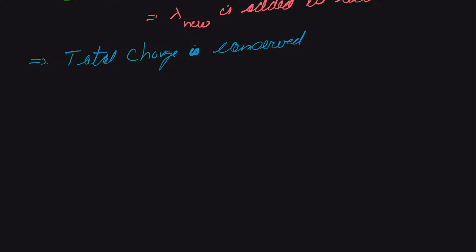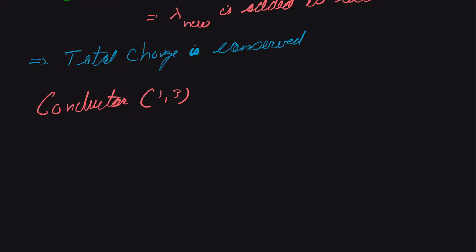Let's come to our conductor 1 and 3. They were connected to each other, so we can say conductors 1 and 3 were initially neutral, but now we have added a charge.